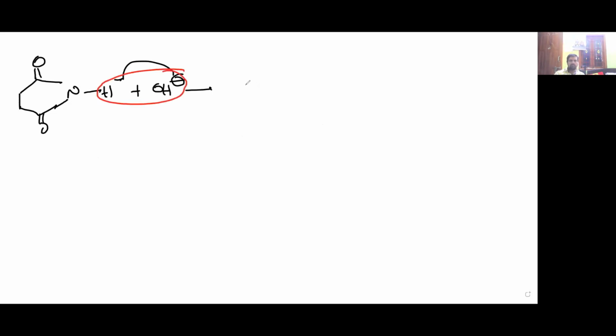So in the first step, please keep remember we added base and water. NH, this is acidic hydrogen. So obviously the base will abstract, and water is eliminated. Then this is N minus. After that you added Br2.